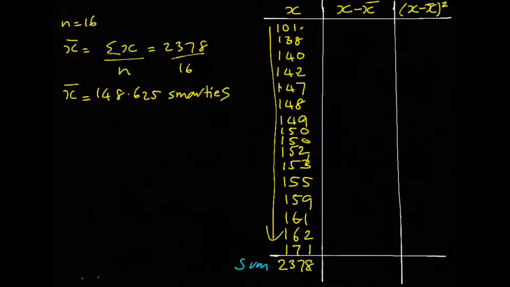So now we go ahead and do this column. So 101 minus x bar, 148.625, is negative 47.625.